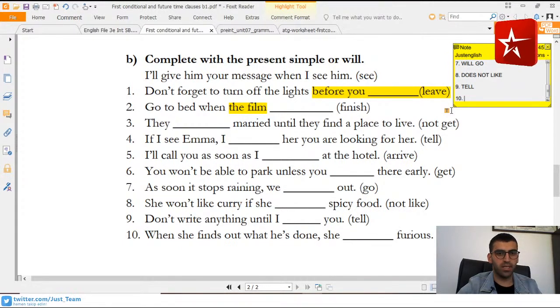Okay. And the last one, number 10. When she finds out what he has done, she blah blah furious. Furious means very angry. So the last word is not seen. Okay, sorry.